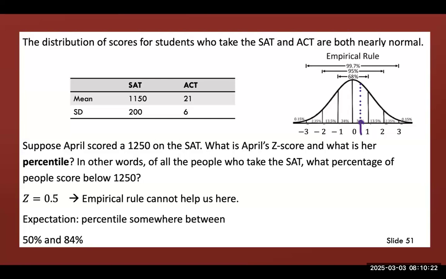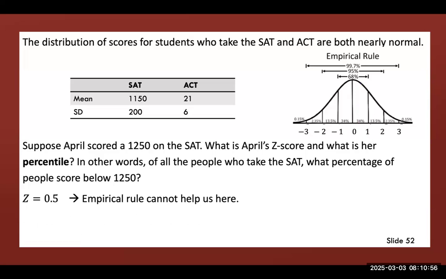Because at 0, that's the 50th percentile, 50% of people performed worse than her. And if her z-score was 1, 84% would have performed worse than her. Now, we cannot just halve that because this is not a uniform distribution. All of the columns in the histogram are not the same level, so we can't halve it. The columns to the right of 0.5 are actually shorter than the columns to the left of 0.5.